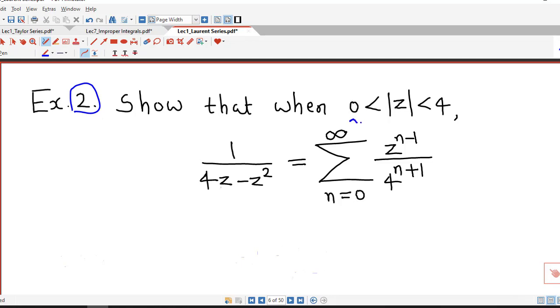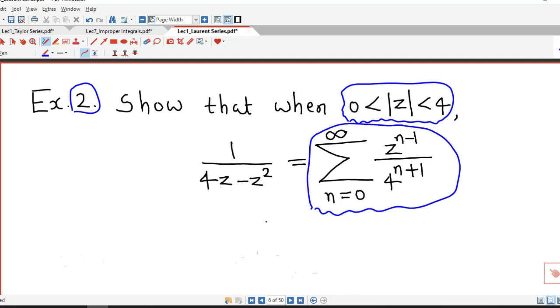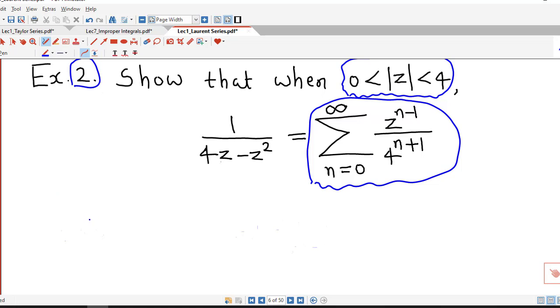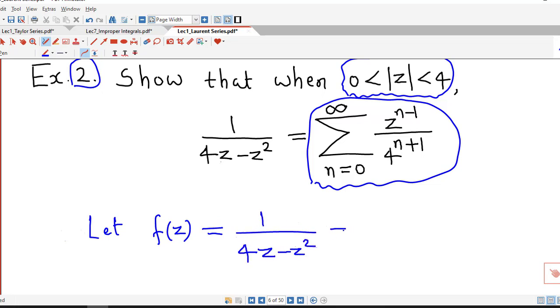Show that when z lies in this annular domain, the function 1 over 4z minus z square can be represented by this series. Now if we observe, first we consider f of z equal to 1 over 4z minus z square, and this we can rewrite, if we take z common, as 1 over z times 4 minus z.